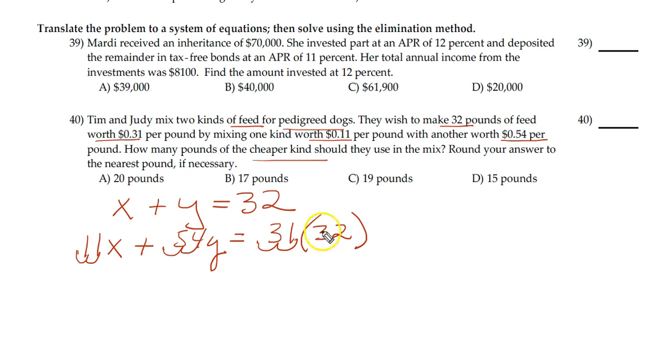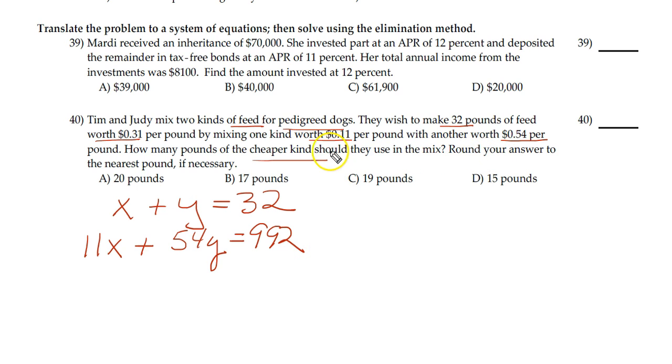And I'm going to clean this up too, so we can decide what's our next step. Now I'm also going to multiply this 31 by 32 and get 992 here, cleaning it up just a little bit more.